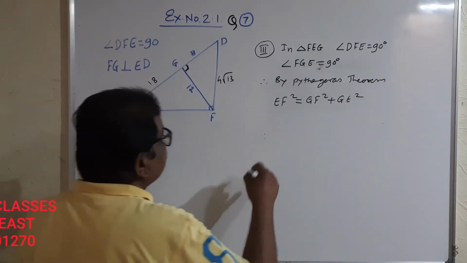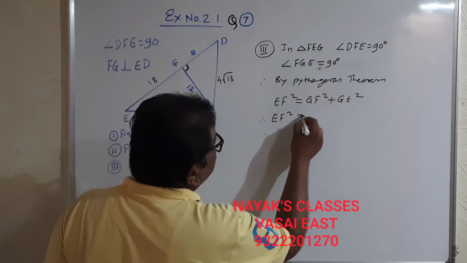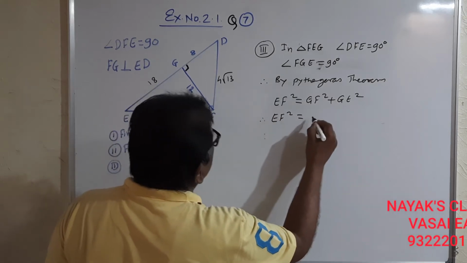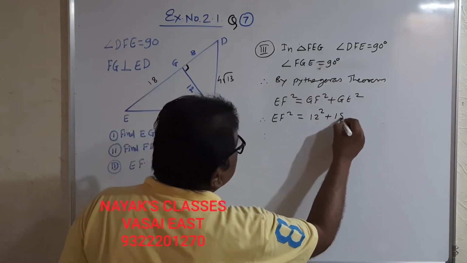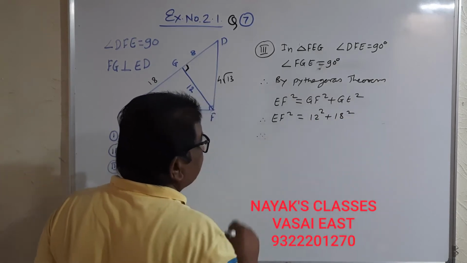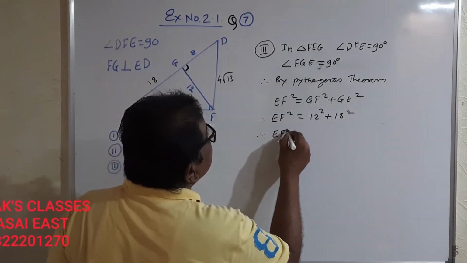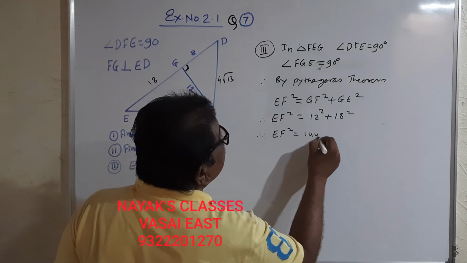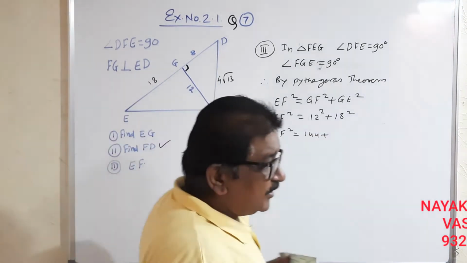We need EF, so unknown. Therefore, EF square is equal to GF is 12 square plus 18 the whole square. Therefore, EF the whole square is equal to 144 plus 18 square.